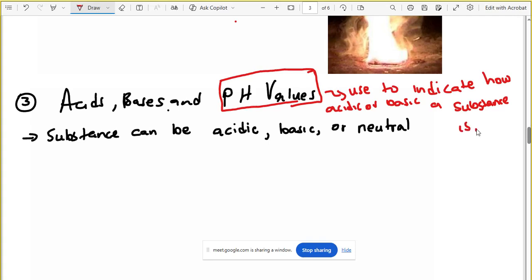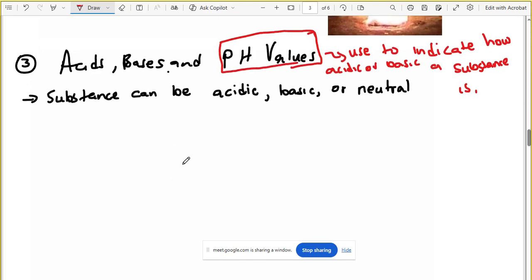Okay, so now it starts from 0. At 0 it's very acidic, and it ends at 14, and at 14 it is very basic. So if it has a pH of 7, we say it's neutral, okay?